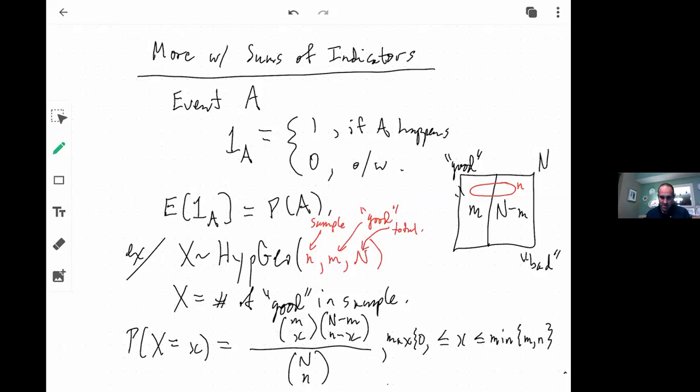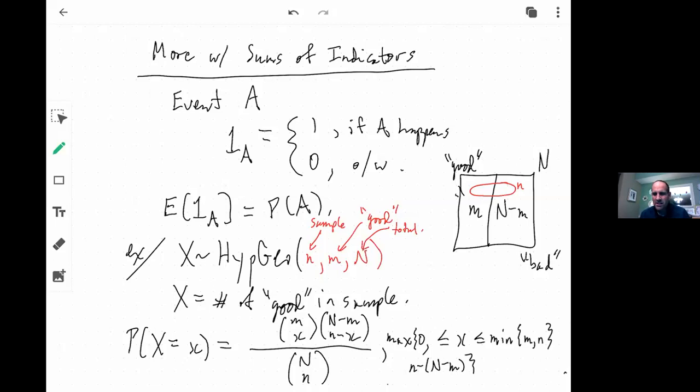So it's at least 0. But in the case where n is bigger than or equal to big N minus m, it bleeds over into the good side, and I'm going to have to take at least n minus the quantity big N minus m things. So that's the rigorous range for x.